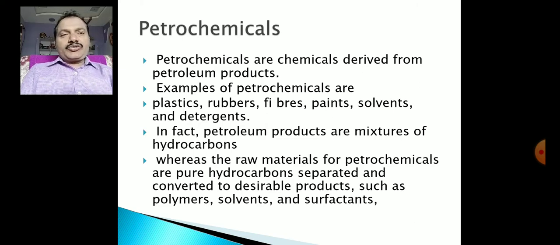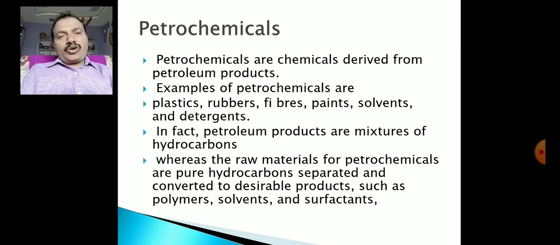In fact, petroleum products are a mixture of hydrocarbons, whereas the raw materials for petrochemicals are pure hydrocarbons separated and converted to desirable products such as polymers, solvents, surfactants, fibers, and paints. You see, petrochemicals are pure hydrocarbons, that we have to remember.